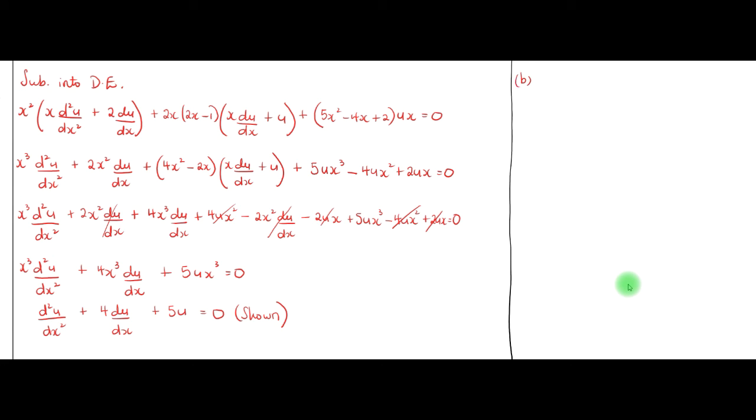So, like before, we would form our auxiliary equation. In this case, we will not be able to factorize it, so we will use our quadratic formula.